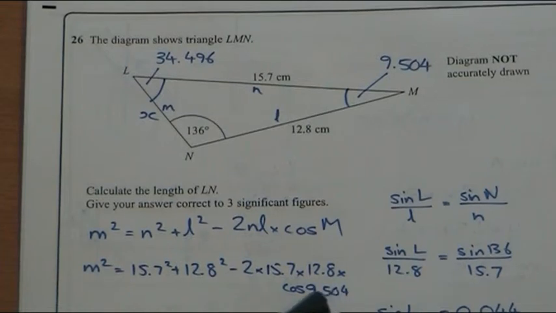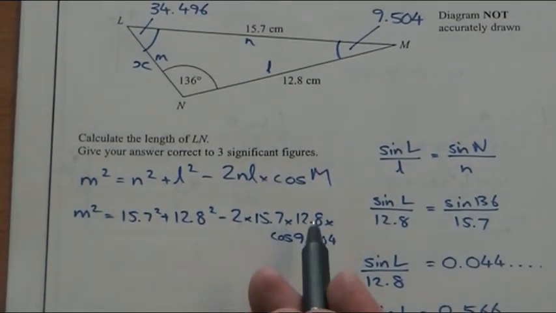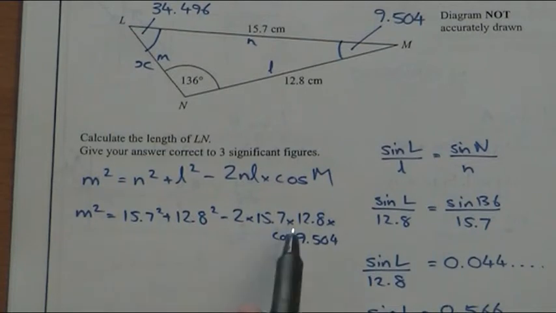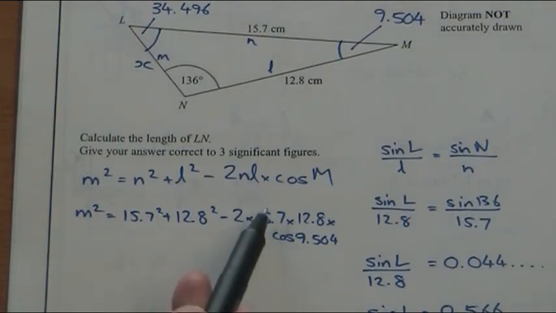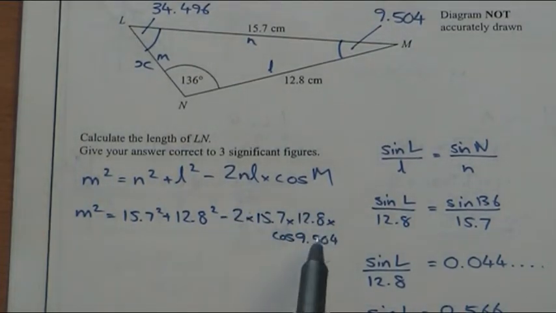So I still have this in full, and I have to type in all of this. So what I'm actually going to do is do it a little bit backwards. I'm going to press cos of my answer, so I've now done that bit. I'm going to times that by 12.8, and times it by 15.7, and times that by 2, and now I'm going to press equals. So I've got in my calculator 396, and so on.